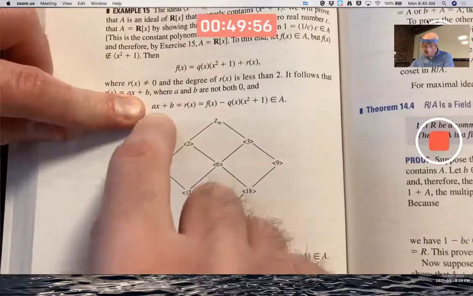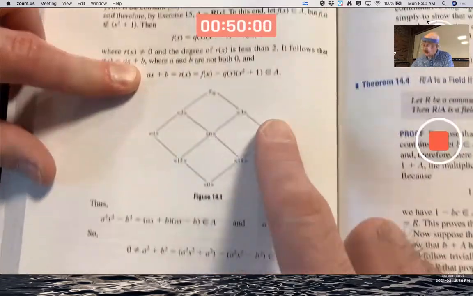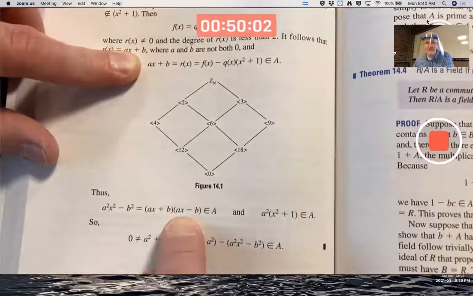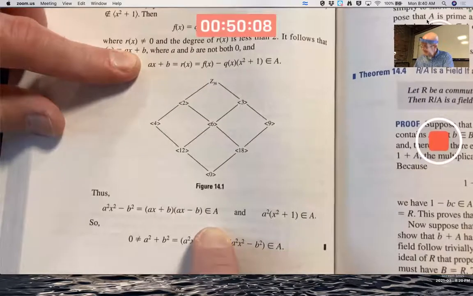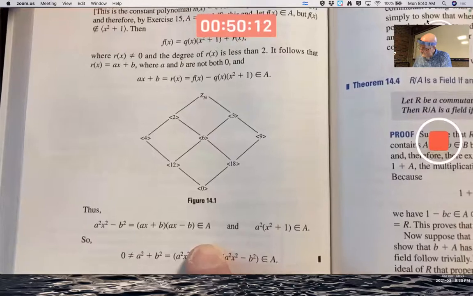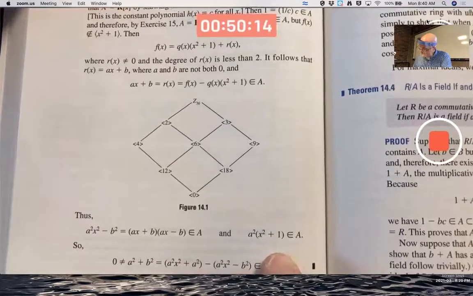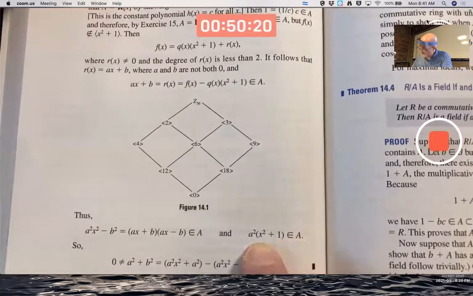The claim is that ax plus b is in A, and A is an ideal. So any multiple of ax plus b is also in A. This gets sucked into A. And this is true because x squared plus 1.